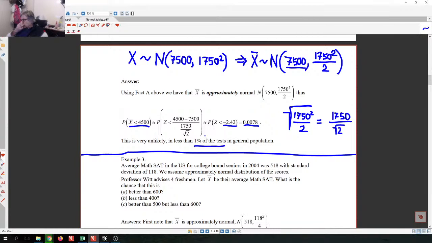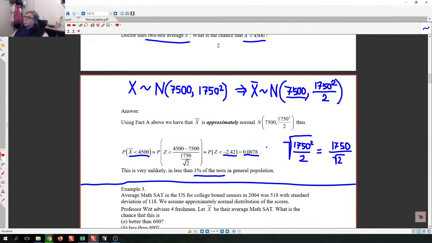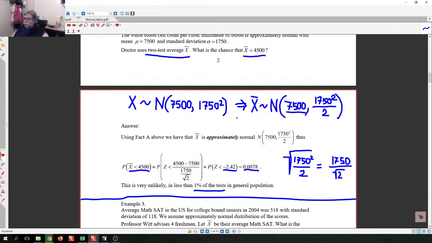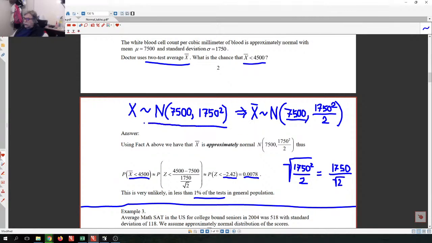Okay? So if you take a random 2 tests with the white blood cell count, the average is very unlikely to be below 4,500. It's less than 1% chance that that's going to happen, according to our calculation. And again, we use here the Central Limit Theorem, fact A, because we had the X, the white blood cell count, to be normally distributed, with mean 7,500 and variance 1750 squared.